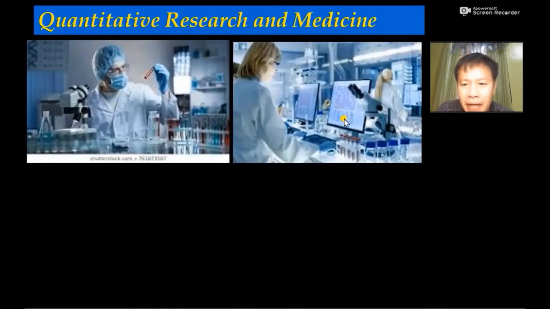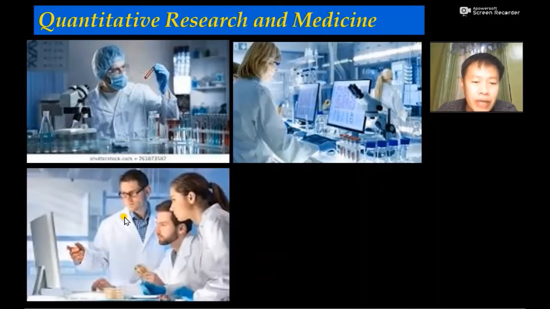And here comes another picture in which this scientist is mixing several chemicals in order to produce a medicine to cure the specific disease. We have also here, they are sharing their ideas on how this medicine can cure the disease. There are so many things you can interpret from this picture.